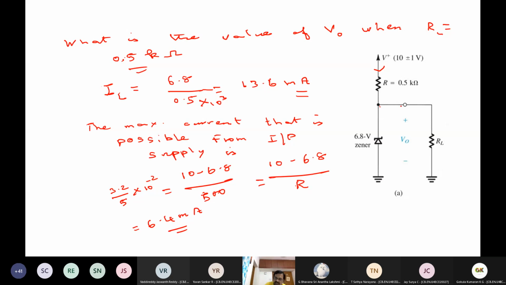Doesn't matter. But here the current requirement when RL is 500 ohms is not possible with that Zener connected. So the conclusion is, be careful here. The conclusion is IL is much greater than the current IS, meaning IR in series, that comes from the power supply.